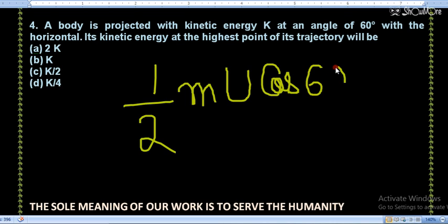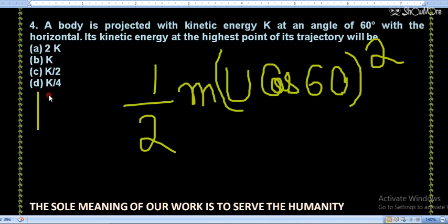So the kinetic energy at the highest point is half m into u cos theta squared.